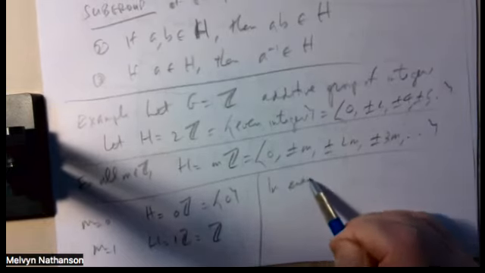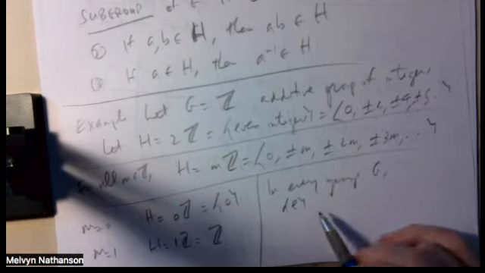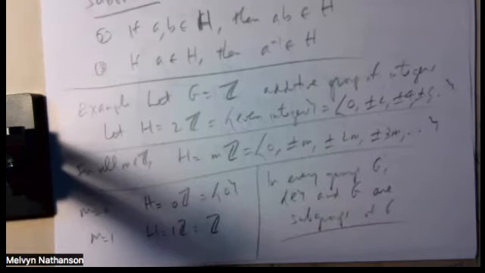So these are kind of the trivial examples of a subgroup of G. And this example works for any group. In every group G, the set consisting just of the identity and G itself are subgroups of G. So every group, if it has more than one element, always has at least 2 subgroups, namely itself and the identity.